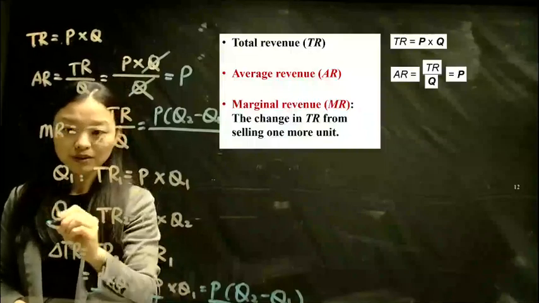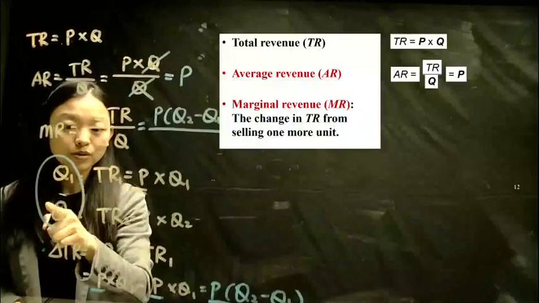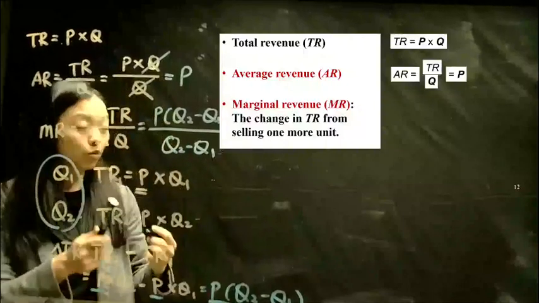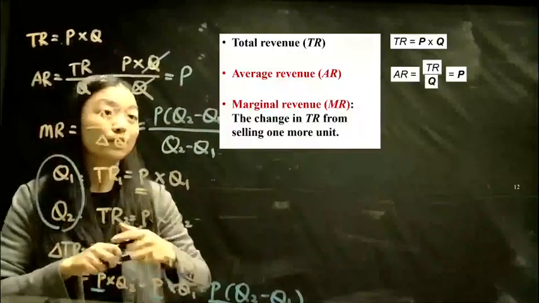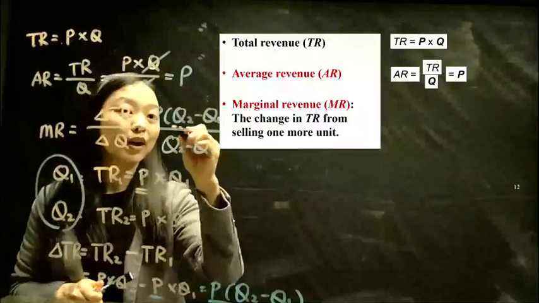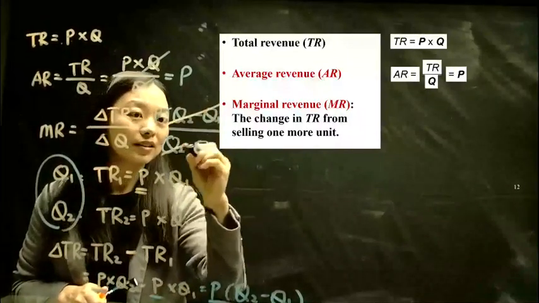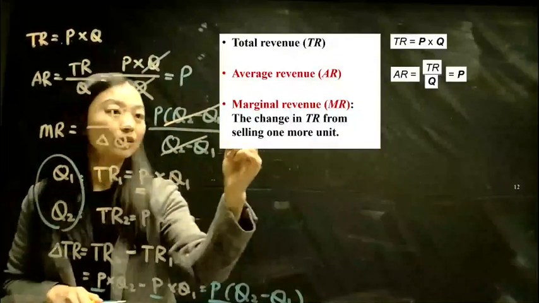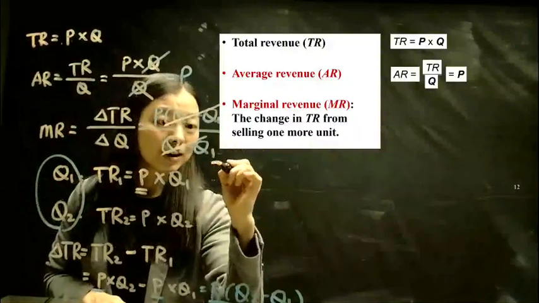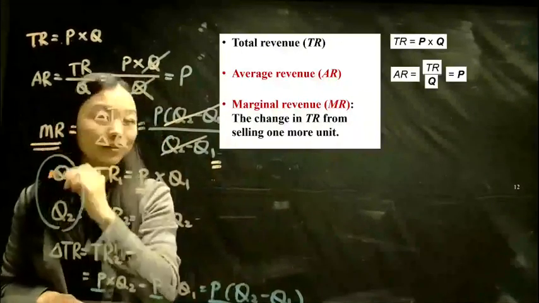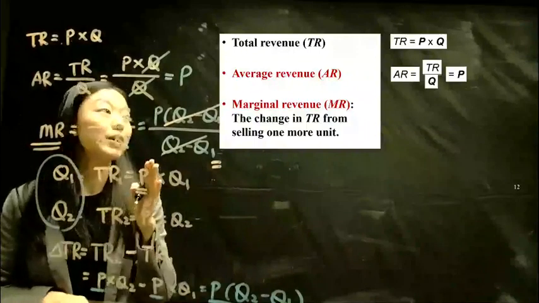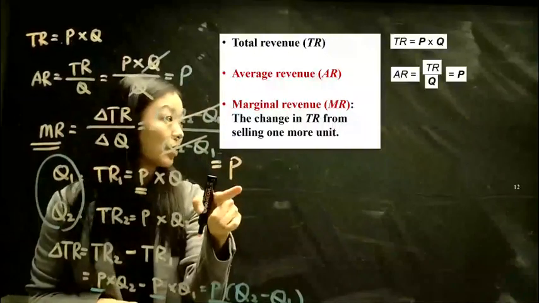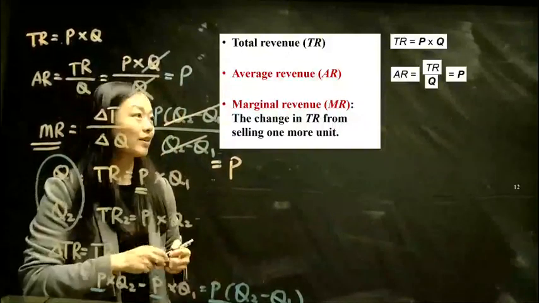The change in output from Q1 to Q2 will be Q2 subtract Q1, right? Then you can see in this formula, you can delete this part, because they are the same, we can eliminate it. So here I'll write it down here. Marginal revenue in a perfectly competitive market, we will have marginal revenue also equal to price, right?